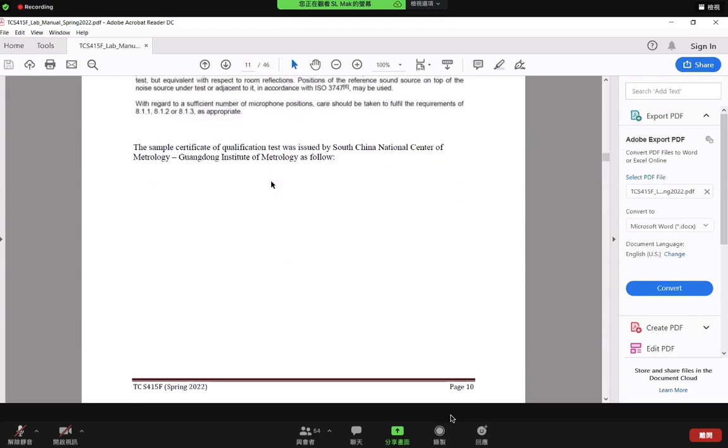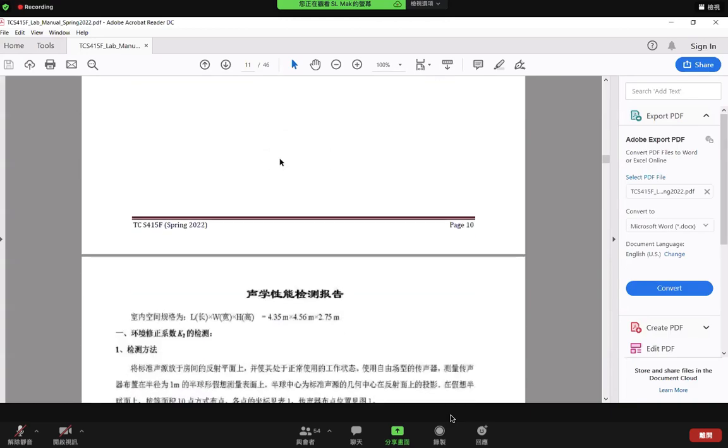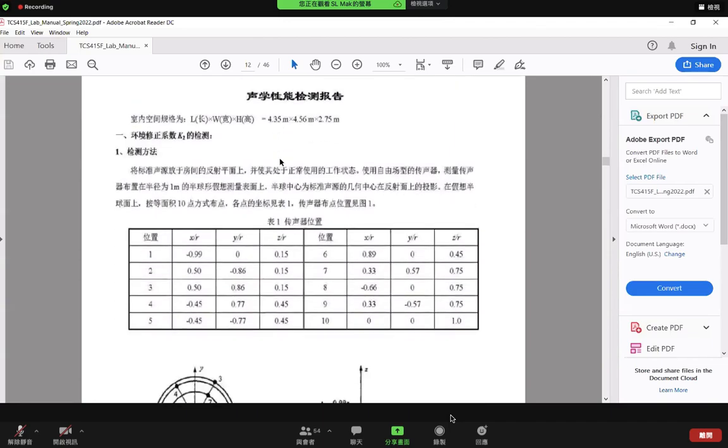In Hong Kong, no accredited laboratory is available to carry out this test. For our acoustic room, we asked the Guangzhou Institute of Metrology to come and qualify it. It is the test report, and because it is a China laboratory, only the China version is available.